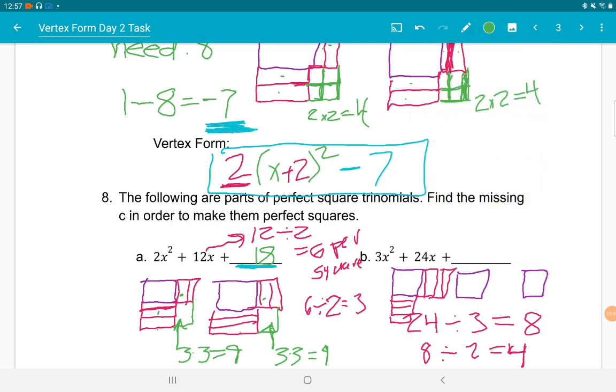To figure out what goes in the corner, whoops, this is not looking pretty for me. To figure out what goes in that corner, it's just going to be 4 times 4, which is 16. Now, all of the other squares will also have that same amount in them, right?